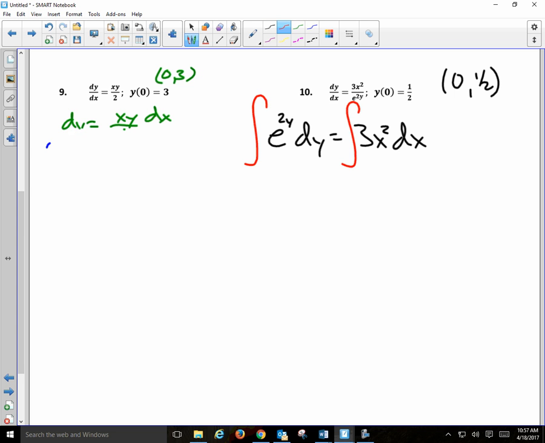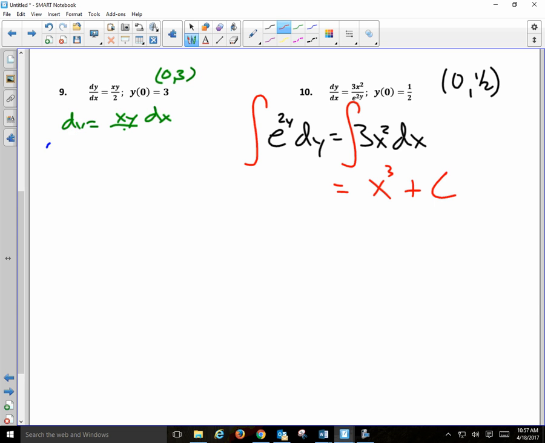What's the antiderivative of 3x squared? If you had a plus c on the other side, you would just combine your constants, and you would end up with just one constant anyway. Antiderivative of e to the 2y: 1/2 e to the 2y.